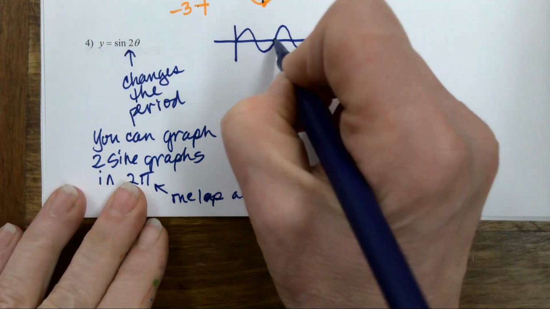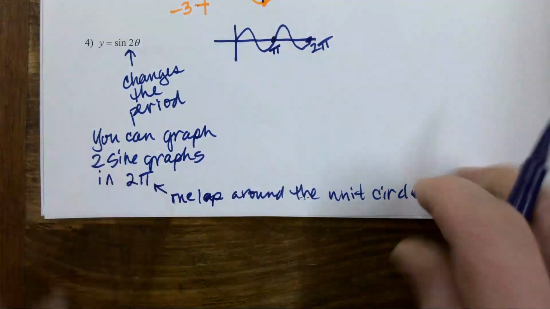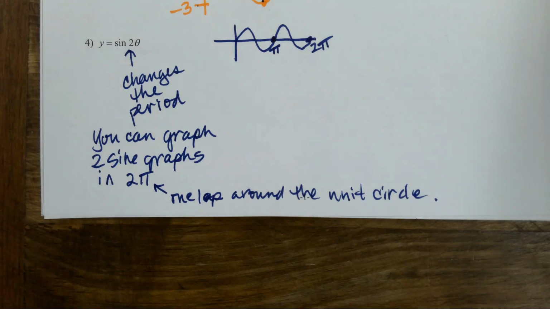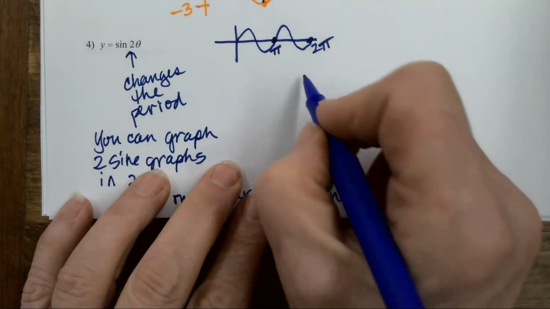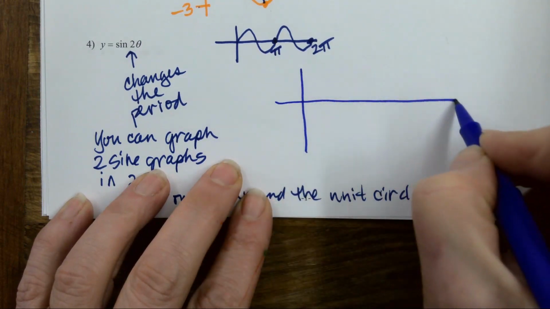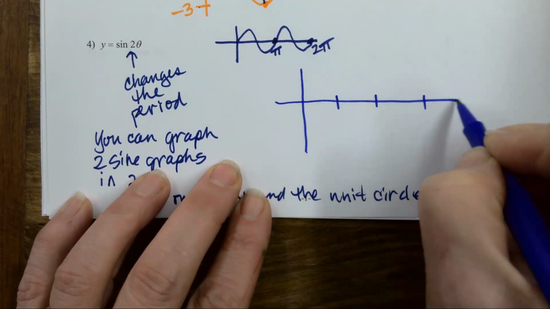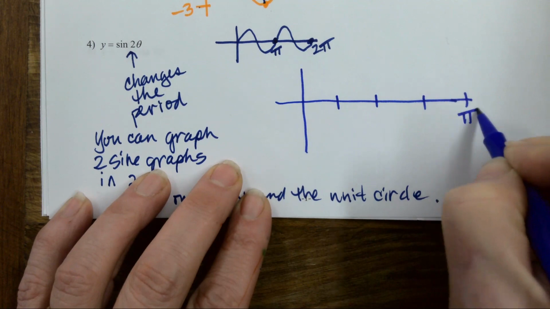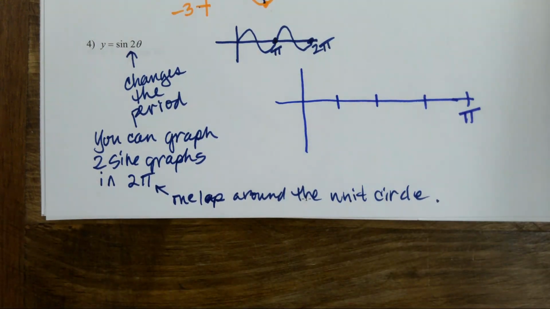So right here would be the middle point. So when I make my graph, because I am only interested in 1, I'm going to force it to end at pi. Does that make sense? If I can get 2 in 2 pi and I only want 1, I'm only going to graph 1, which would be half of that amount.